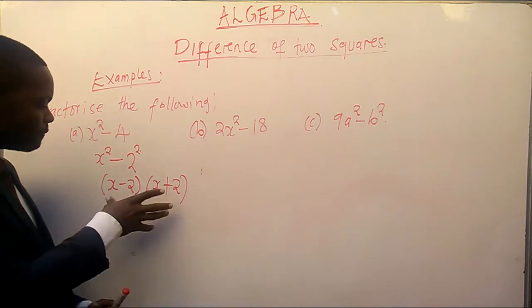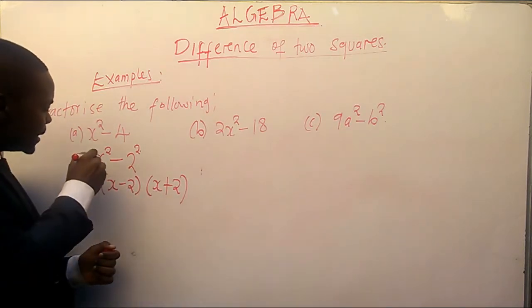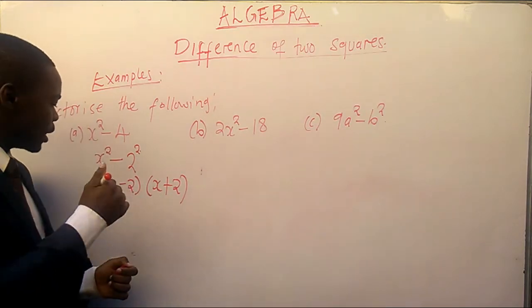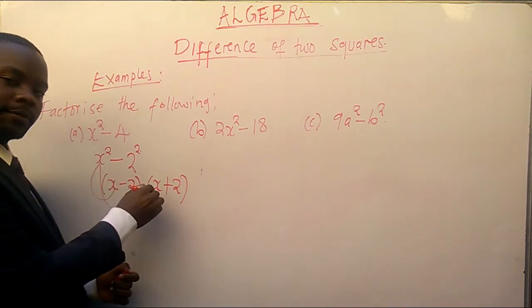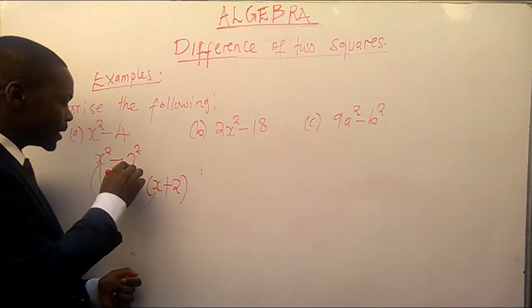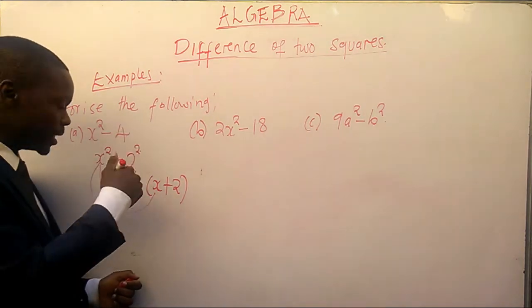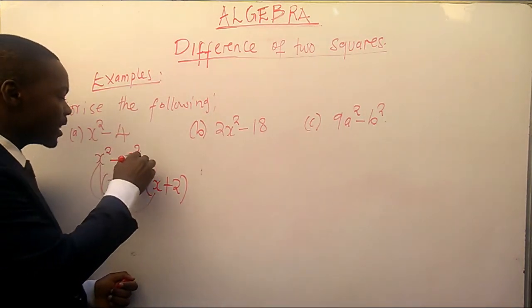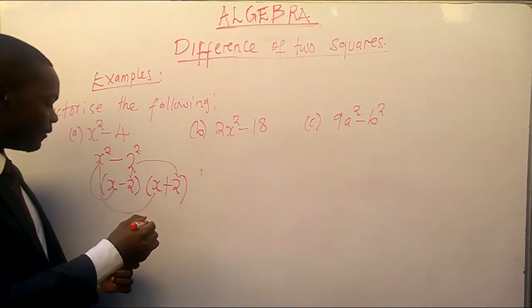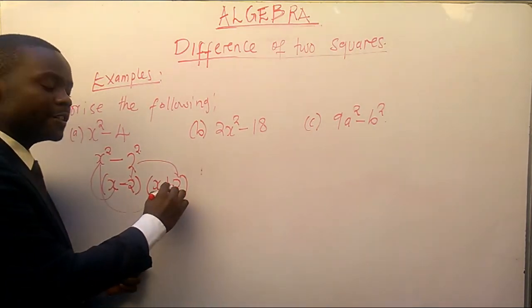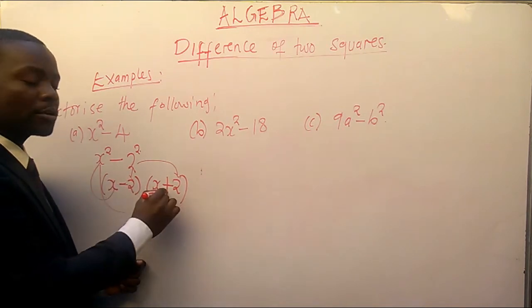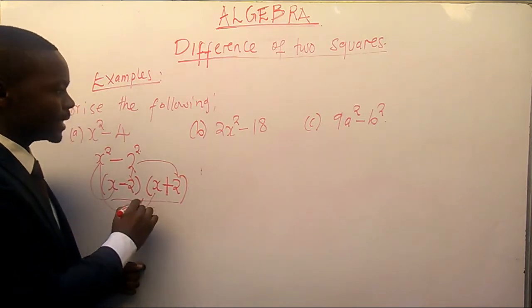What I've done here is, since we have two x's, one x is this one, the other is this x. Here we have two 2's, one 2 is here, the other 2 is there. Thereafter, just make sure that the signs are different. We have minus and positive. So this is our answer.